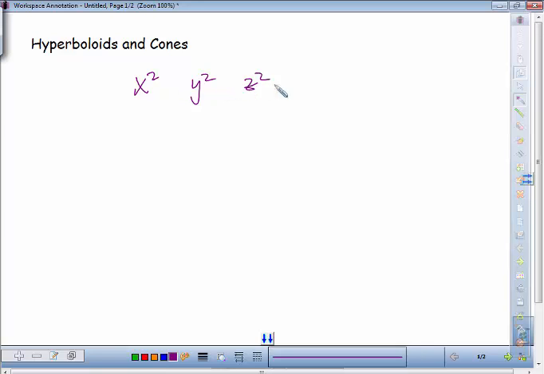If this is all plus and equal to a number, then it's like a sphere or an ellipsoid. So I want to look at the case where it's not all the same sign. We'll start by looking at this when one of them is a negative sign. Let's make the z negative for now.